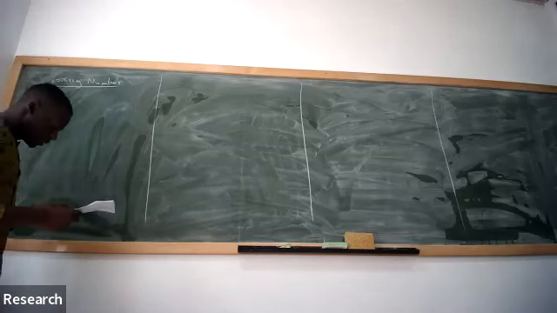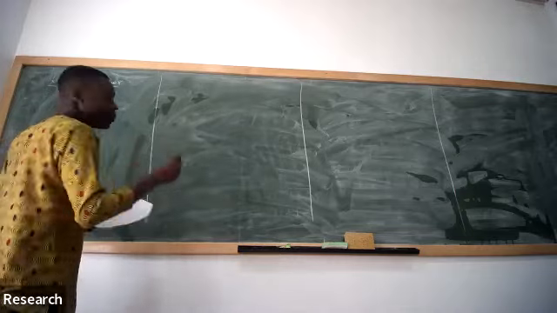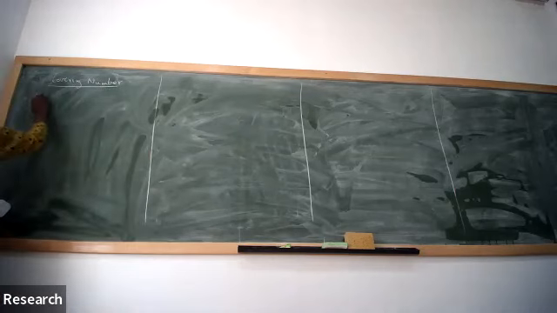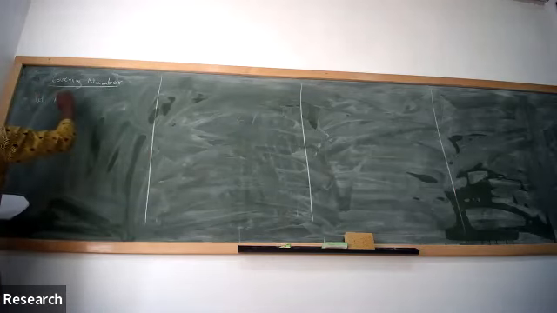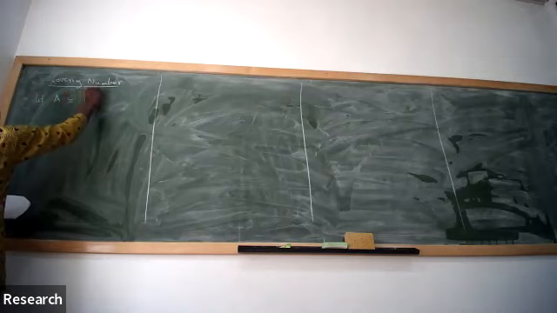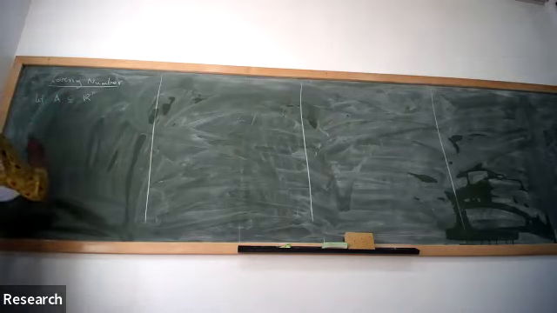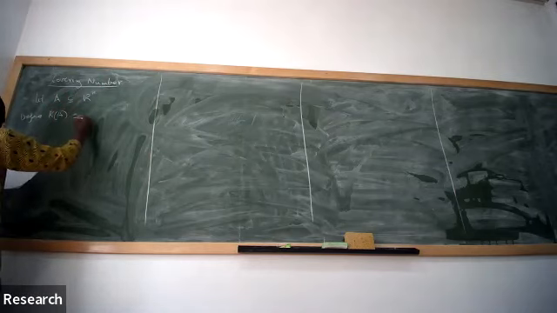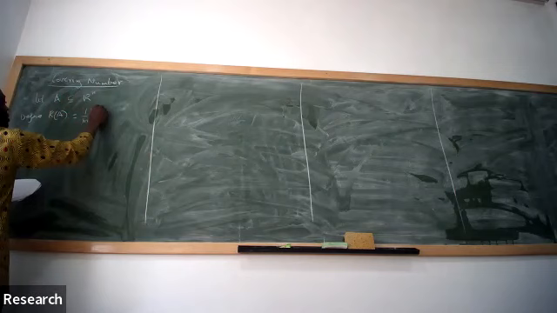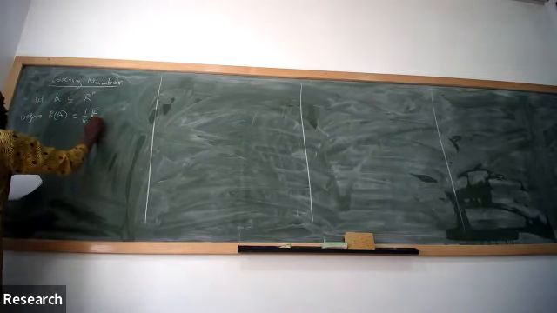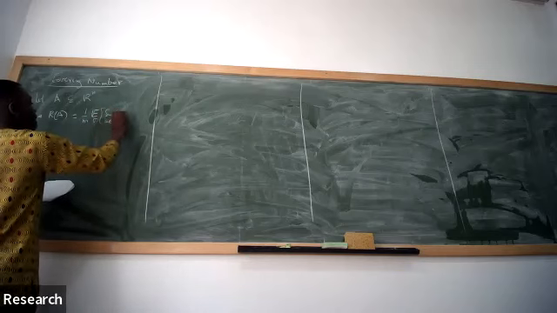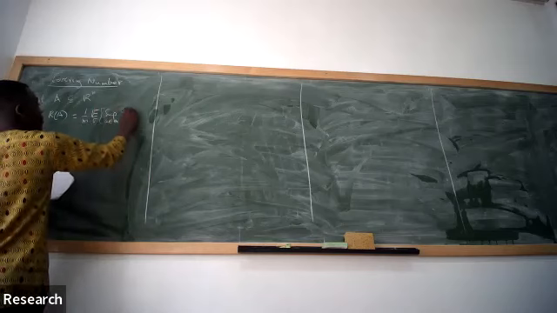So, let me first make a reminder about the definition of Rademacher complexity. Let A be a set, and we define the Rademacher complexity of a set as 1 over m of the expectation over sigma of the supremum over a in A of the inner product of sigma and a.